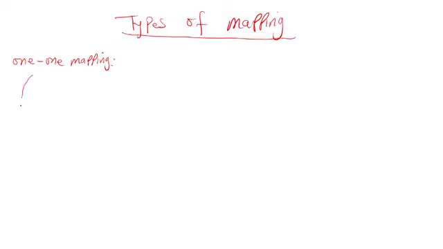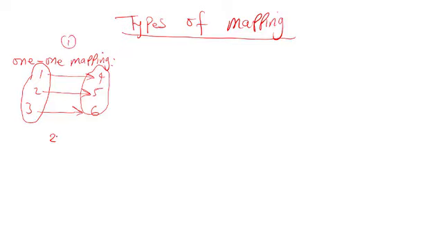For example, if this is our domain and this is our codomain, there are elements here 1, 2, 3, and other ones like 4, 5 and 6. If each of these elements is assigned to different elements, it is called one-to-one mapping.